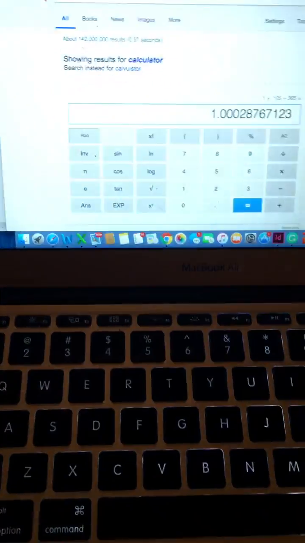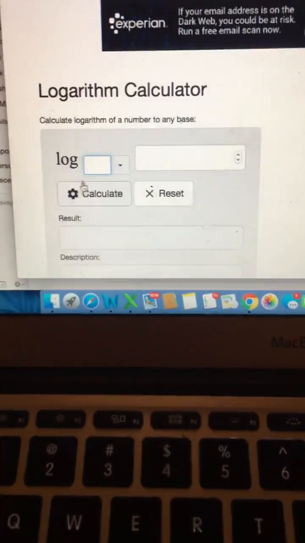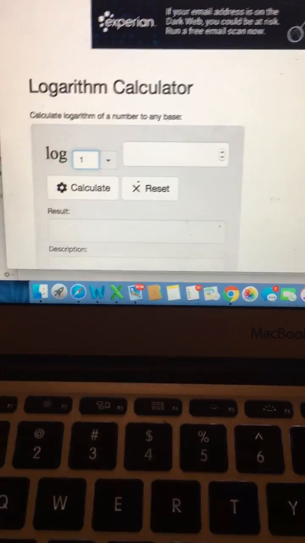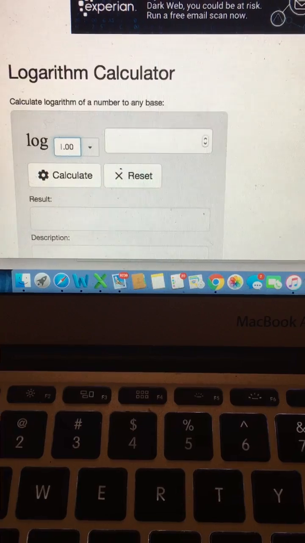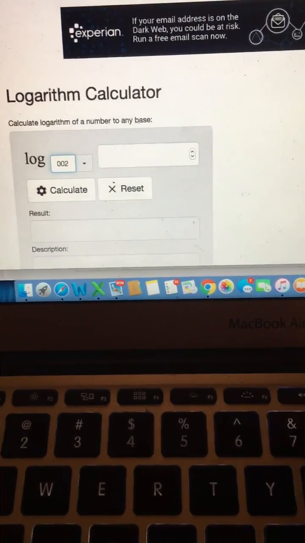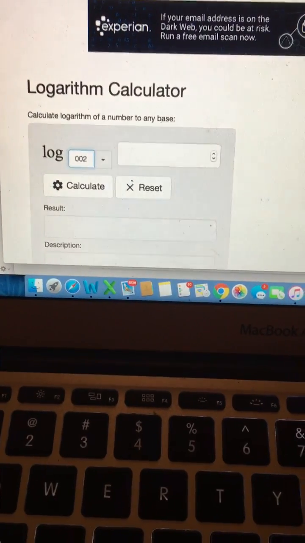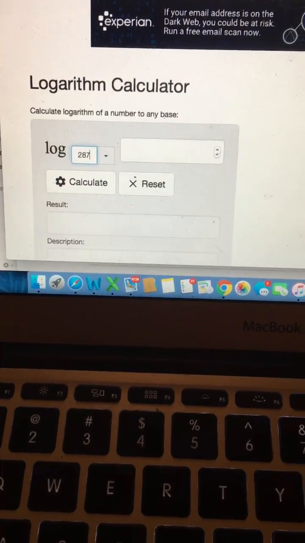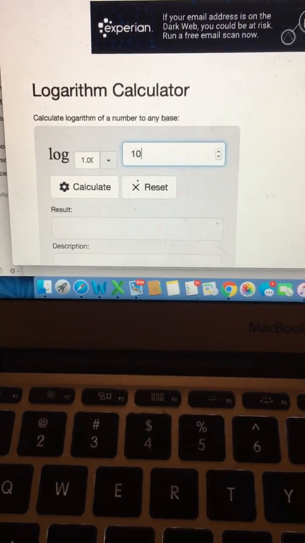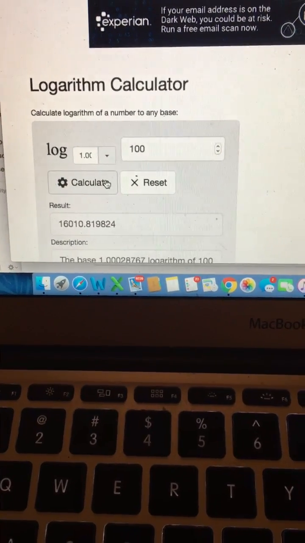Okay? So I'm going to go back to my logarithm calculator. Don't know how many decimals it's going to allow me to put in here, but we're going to try 1.000287767 of 100. This is actually harder than you expect. I'll hit calculate.